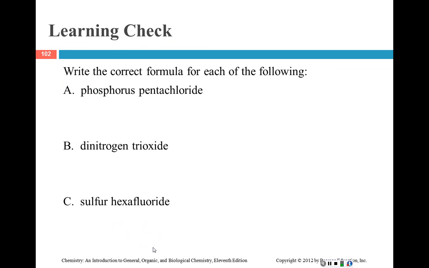All right, so let's write these formulas. You can put me on pause and go ahead and try this on your own and then come back. All right, so phosphorus pentachloride. The symbol for phosphorus is P, and then we're going to have some chlorides. How many? 5 chlorides, so that's PCl5 because we only have 1 phosphorus.